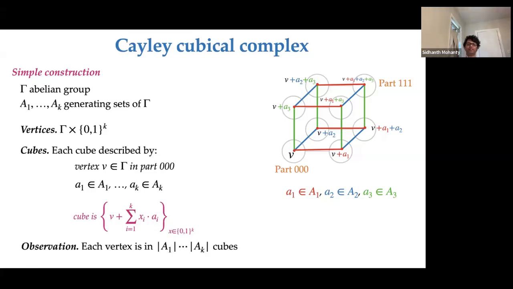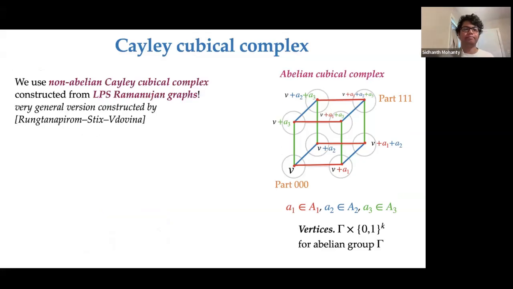Okay, so one basic observation is that each vertex actually takes part in |A1| times |A2| times dot dot dot |Ak| many cubes. And this is because any choice of generators A1 to AK I could have given you would have resulted in a cube. Okay, so this is like a cubical complex over an abelian group.